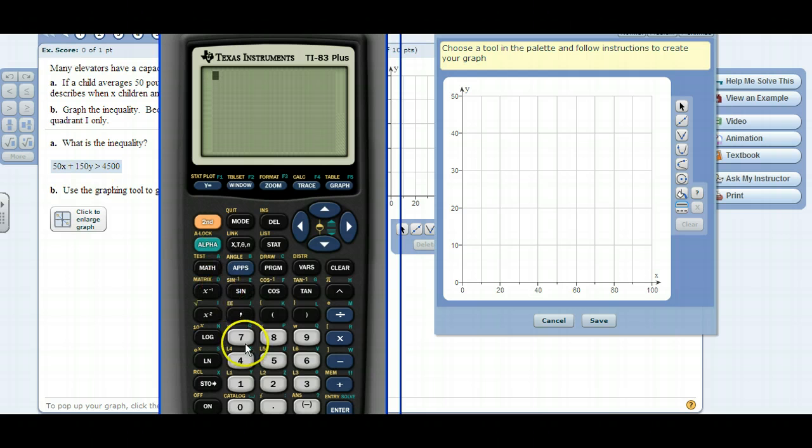So 50 goes into 4,500 90 times, right, and then cover up the x, and you got 150 going into 4,500, so divide that by 150, and we get 30. So 90 is our x-intercept, 30 is our y-intercept.